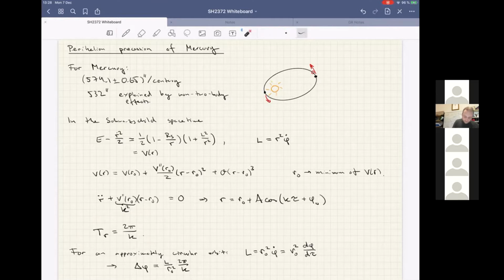So this is the expression that we have now for the change in the phi coordinates over the course of a full oscillation in the r coordinates. So for example, if I start here at the lowest r coordinate and I follow this path around, the question is, what is the difference in the angle between the closest point of one lap and the closest point of the next lap?